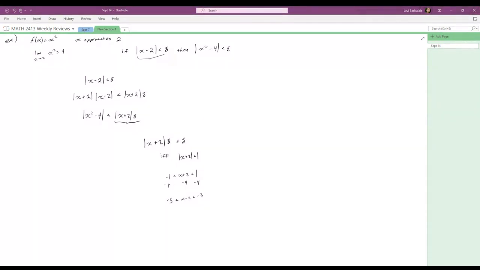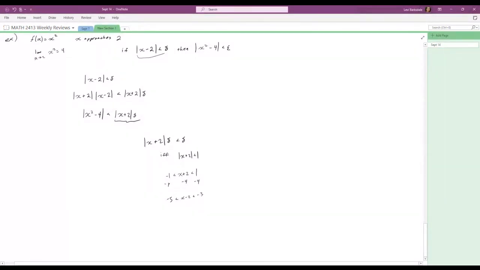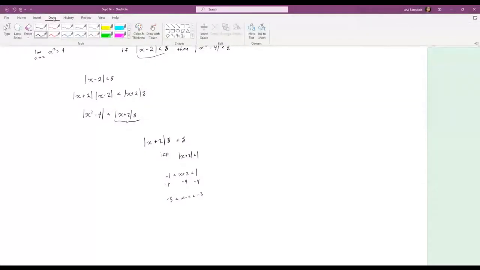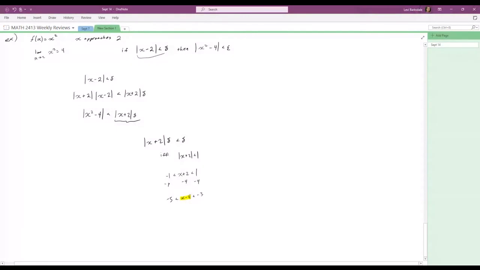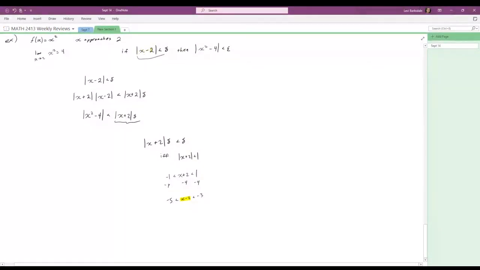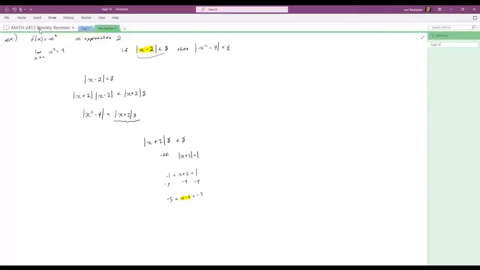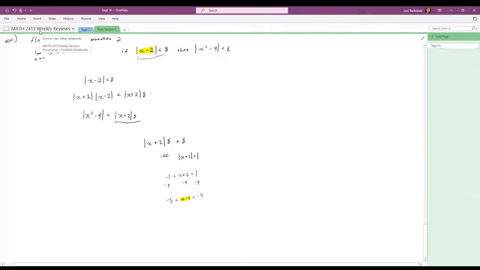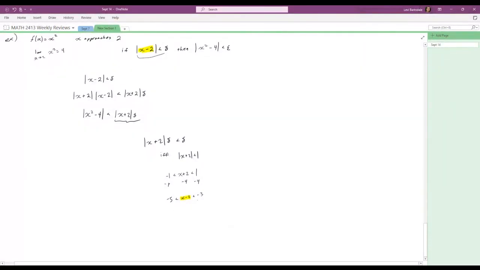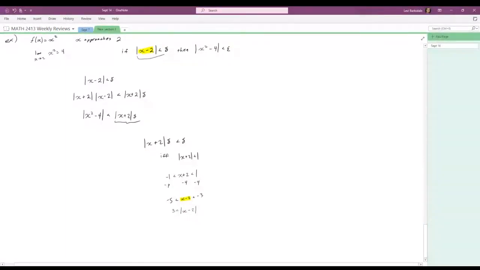Why did I subtract 4? I subtracted 4 because I'm looking for specifically an x minus 2, because that matches what I have here. So if I took the absolute value of each of these, I would have 3 is less than the absolute value of x minus 2 is less than 5.